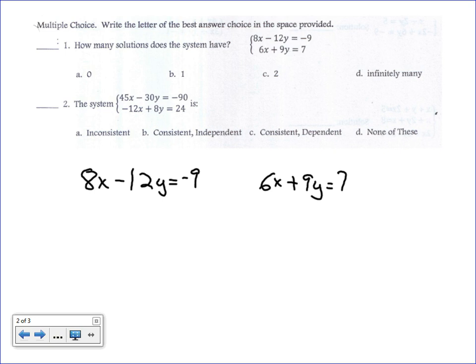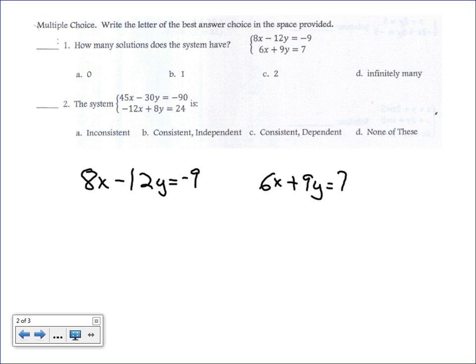Okay, they're in standard form now. Since they're in standard form now, I can take a look at them, and if the equation's negative, the slope is positive, and I know it's just 8 over 12. That reduces to 2/3.